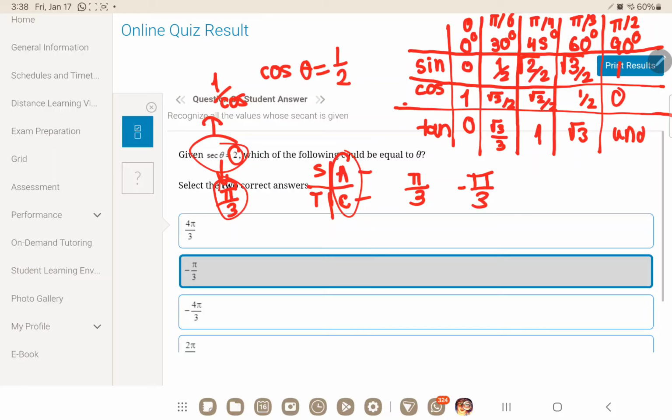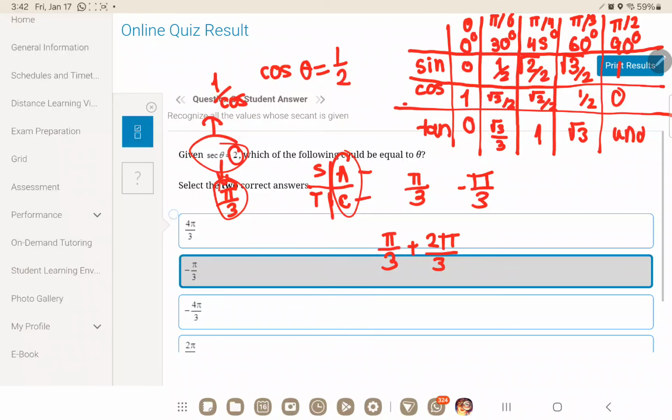And then to find the rest of the angles, let's say you want to find more angles that are also equal to 2. What you do is pi over 3 plus 2 pi, which is one full circle. What is 2 pi when you want to make it over 3?